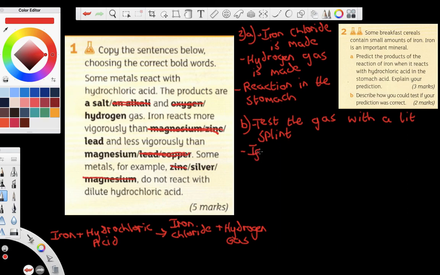So if there is a squeaky pop, the gas is hydrogen.